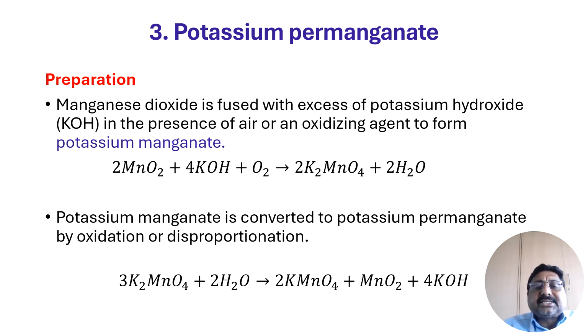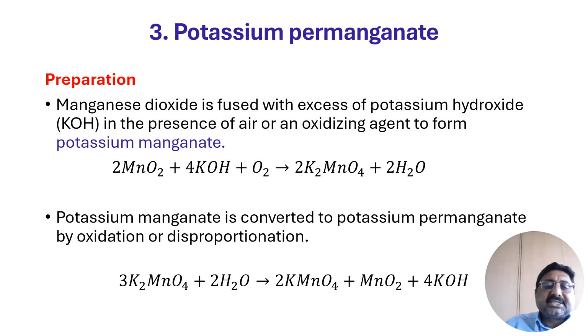Manganese dioxide is fused with excess of potassium hydroxide in presence of air or an oxidizing agent to form potassium manganate, K2MnO4. That potassium manganate is converted into potassium permanganate either by oxidation or disproportionation.